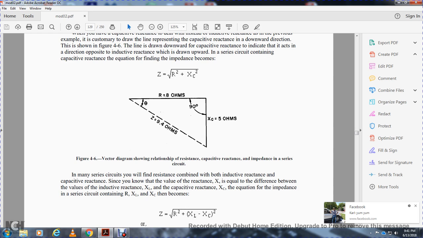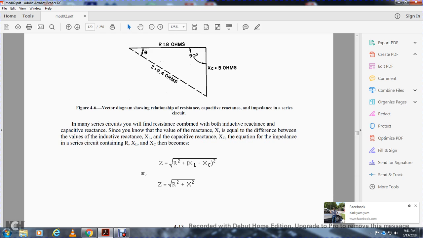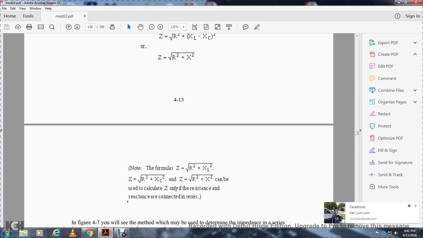The equation of the impedance combines the resistor, inductor reactance, and capacitor reactance. So the impedance is equal to the square root of the resistance squared plus the inductive reactance minus the capacitive reactance, squared. Or Z is equal to the square root of R squared plus X squared.